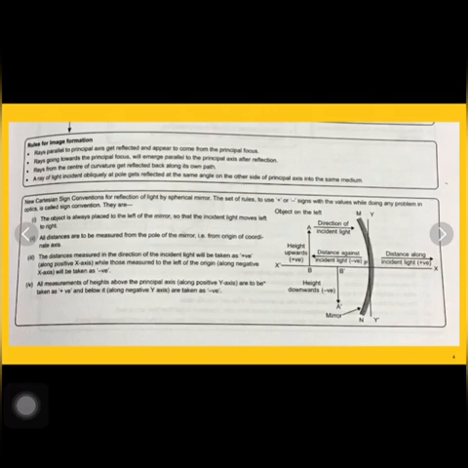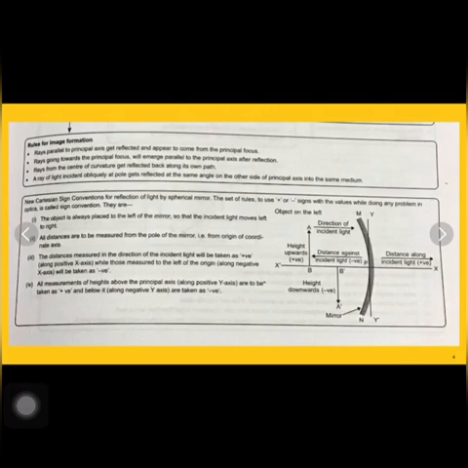Now to solve the numericals, you should know some sign conventions related to that. Let us discuss the sign conventions for reflection of light by spherical mirrors. The set of rules to use plus or minus signs with the values while doing any problem in optics is called sign convention. As I have just told you, they will be helpful in solving the numericals.